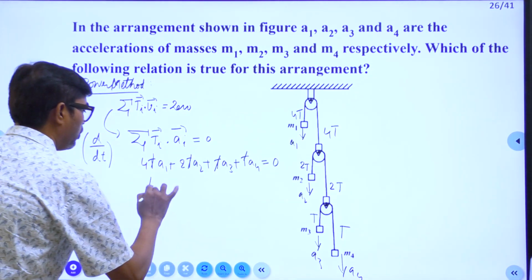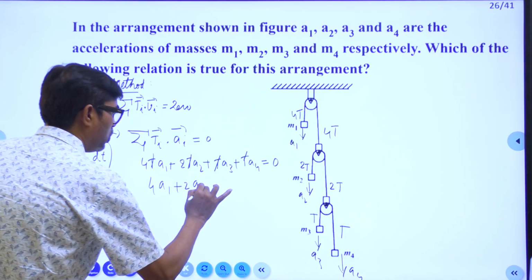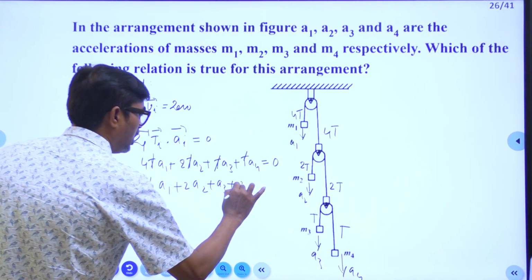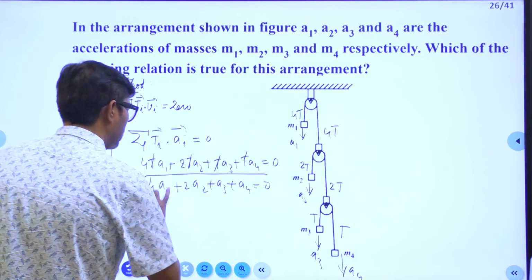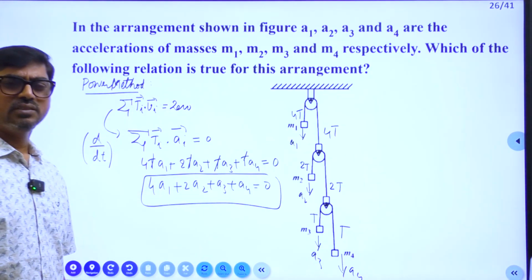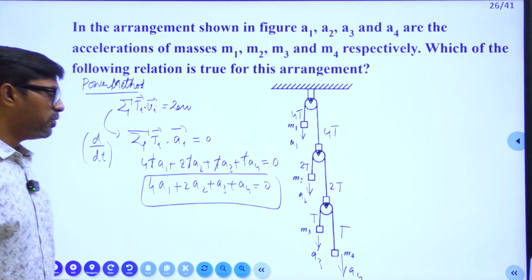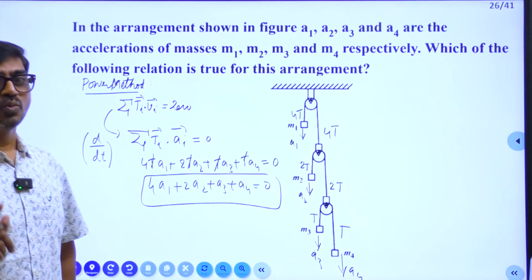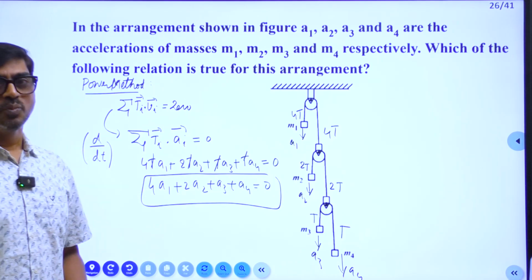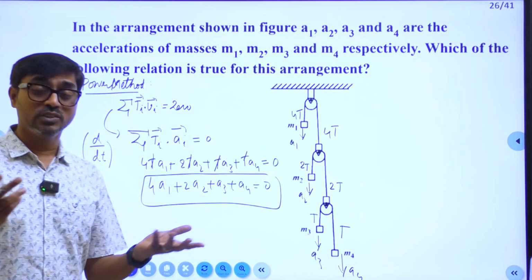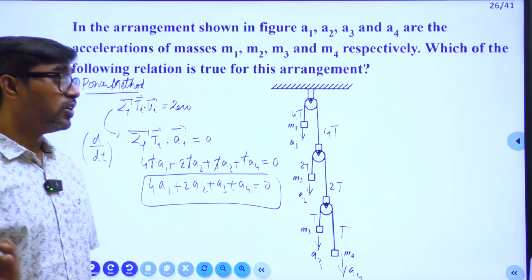Then you have 4A1 plus 2A2 plus A3 plus A4 equals 0. So this is a very powerful method, right? Just like that, you can get the answers using this virtual work method or power method. But this works only when tension is not 0. Please remember that. There are some questions where tension was 0, and if you apply the power method, you will get a wrong result there.